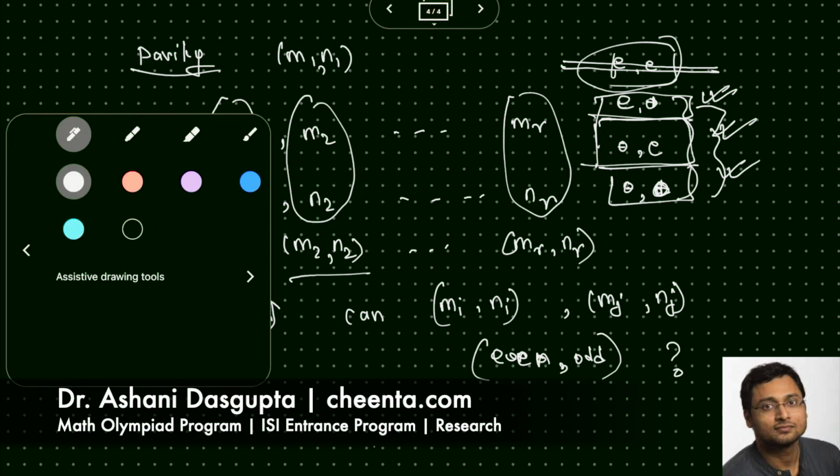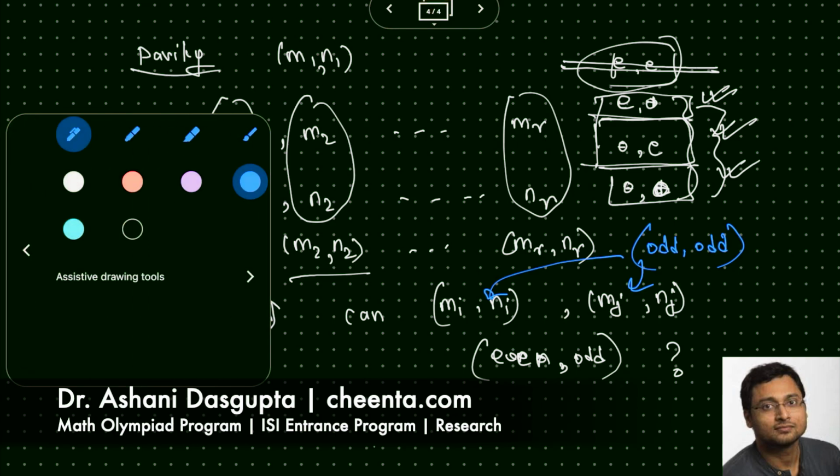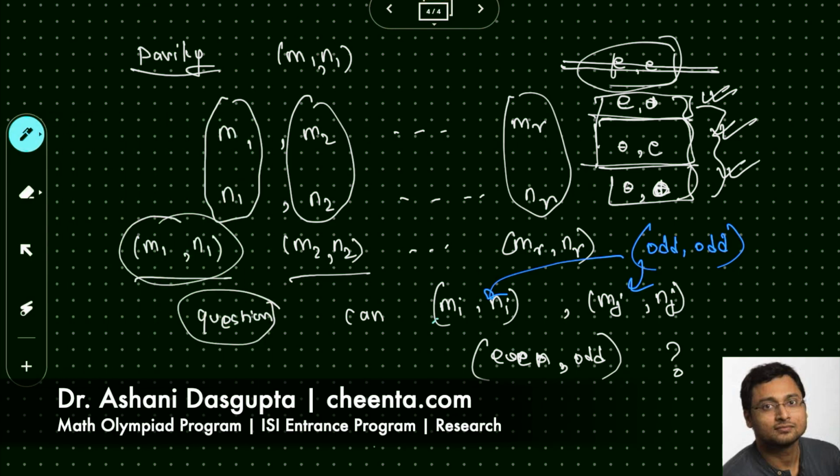Or can both of them be odd, odd? Is that possible? Can both of them be odd, even? In other words, can two of these pairs have the same parity? So let me check the case of even, odd.